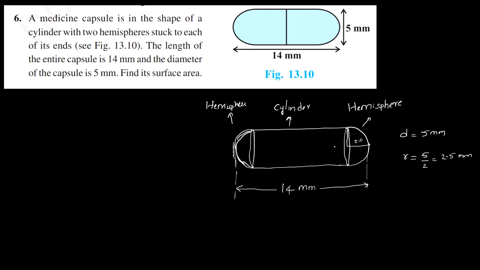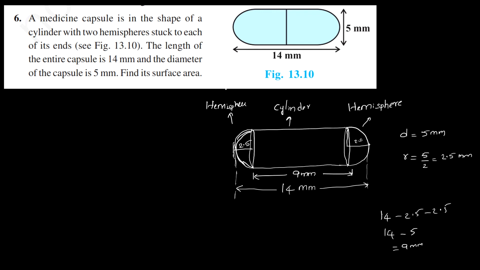That means 2.5, and it will also be 2.5. Now this is 2.5, this is 2.5. So overall, 14 minus 2.5 minus 2.5, that means 14 minus 5 will give you 9 mm. That is the exclusive height of the cylinder. 9 mm is the exclusive height of the cylinder.